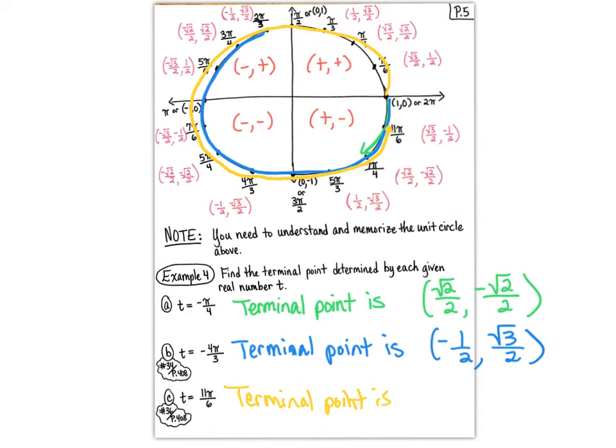Square root 3 over 2, comma, negative 1/2. What questions do you have? Good. Very good. So you really just need to know what's in quadrant 1, and then you can adjust the points based on what your denominator is and what quadrant they lie in, and just change the signs based on the quadrant. Okay, that's all.